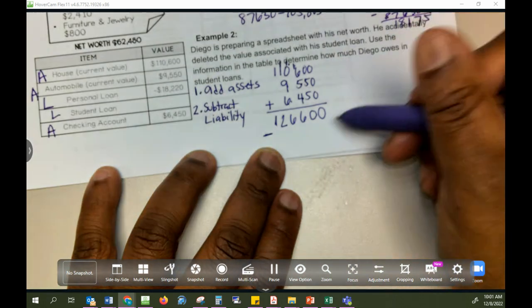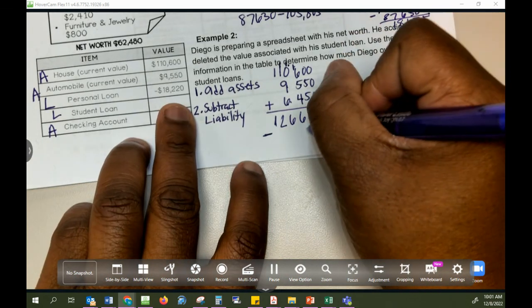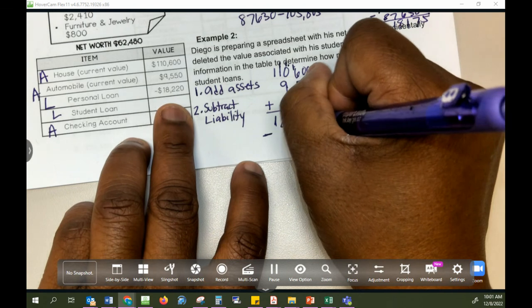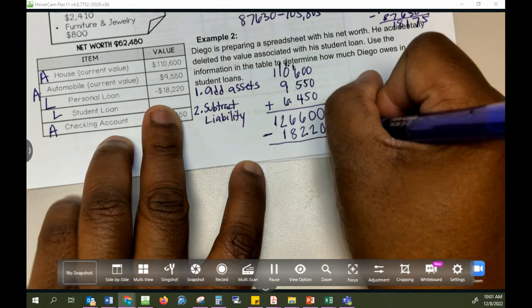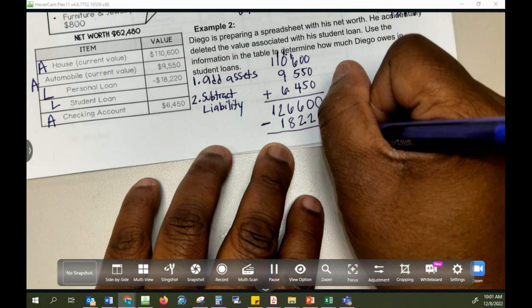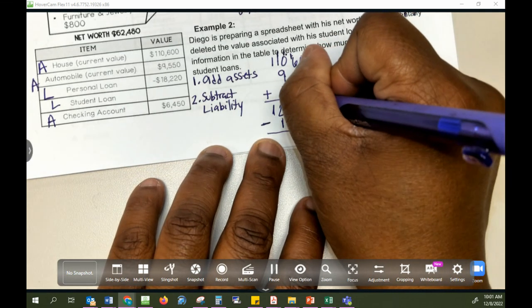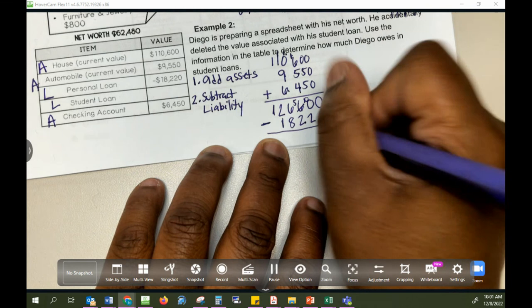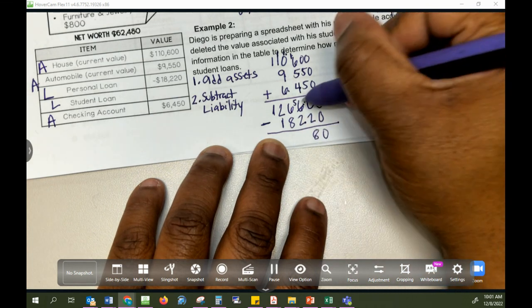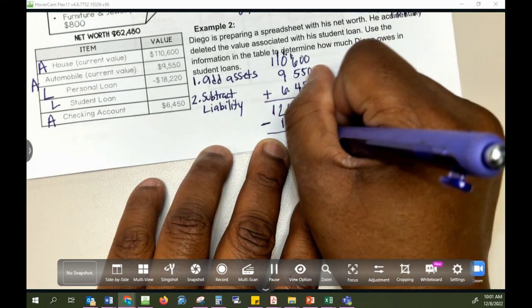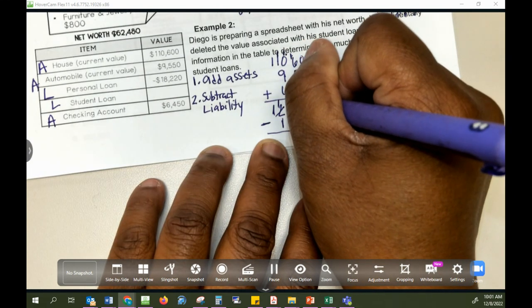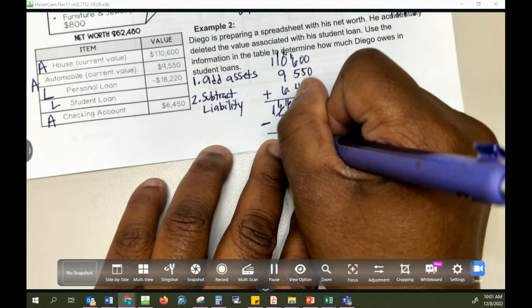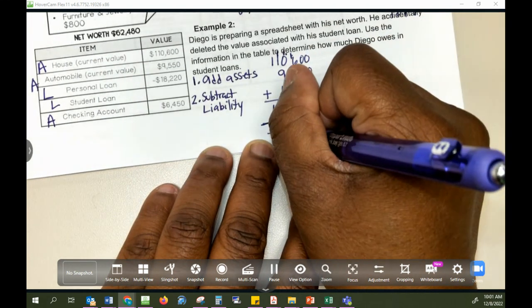If you're not good at lining up your numbers, start writing them from the back. So 0, 2, 2, 8, 1. I'm subtracting this. 0 minus 0. I got to borrow. 10 minus 2 is 8. 5 minus 2 is 3. 6 minus 8, I got to borrow, so that's 16 minus 8 is 8. 1 minus 1 is 0.